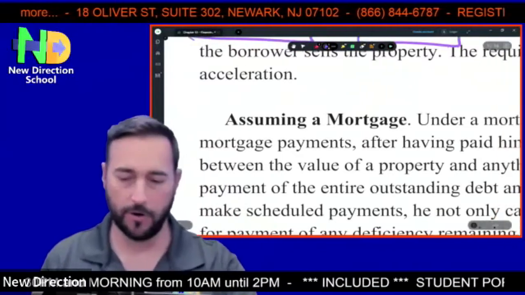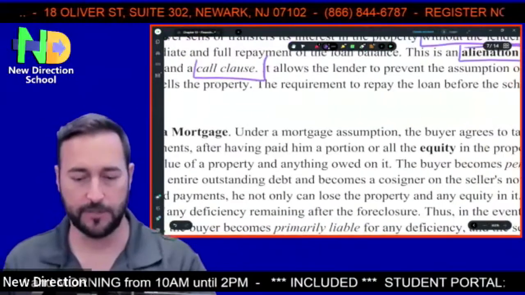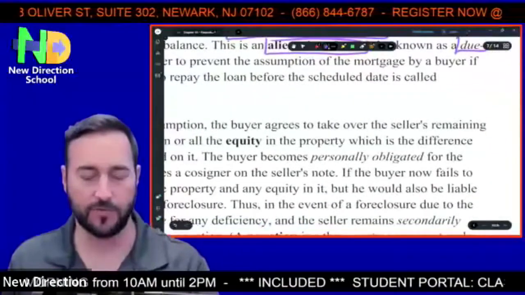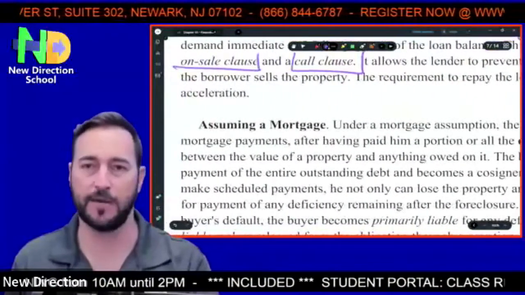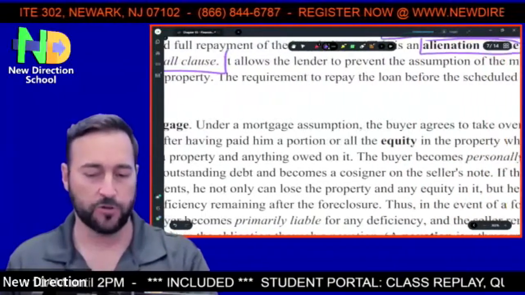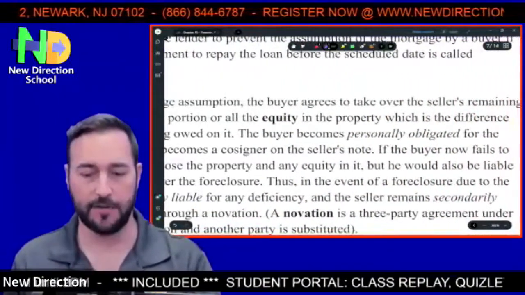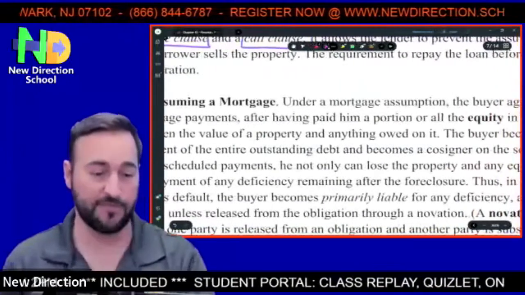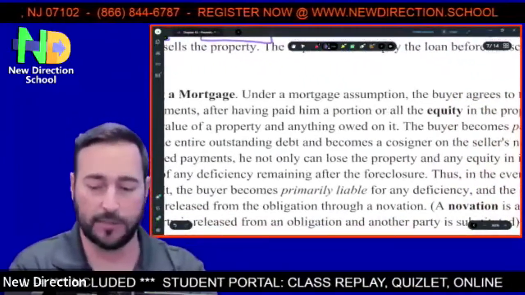So assuming a mortgage, under a mortgage assumption, the buyer agrees to take over the seller's remaining mortgage payments after having paid a portion of all the equity in the property, which is the difference between the value of a property and anything owed on it.